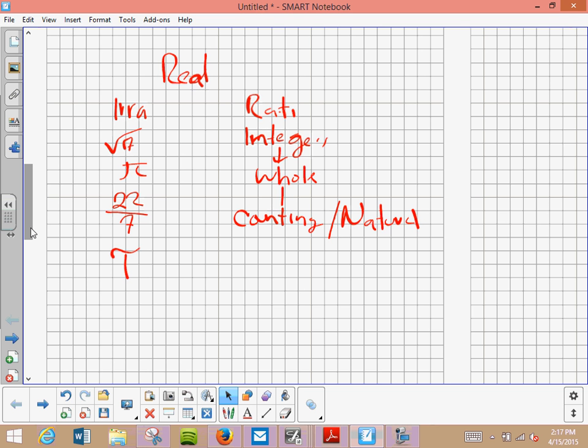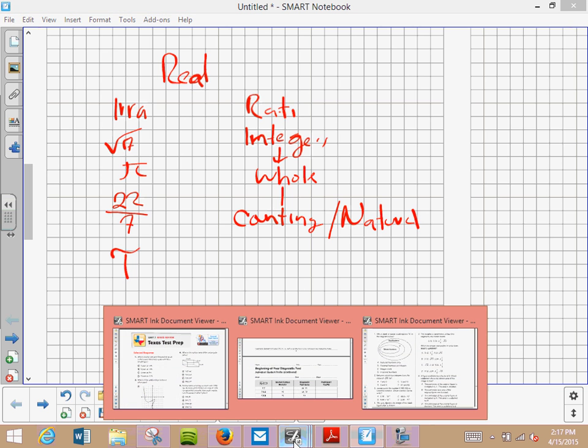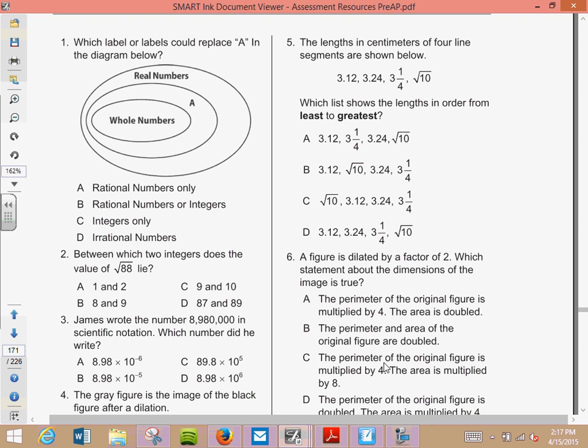Right under integers, we have whole numbers. And then under whole numbers, we have counting and natural numbers, right? So you see whole numbers and you see real numbers, so it must be between one of those two, right? It must be rational numbers or integers. So it'll be letter B.